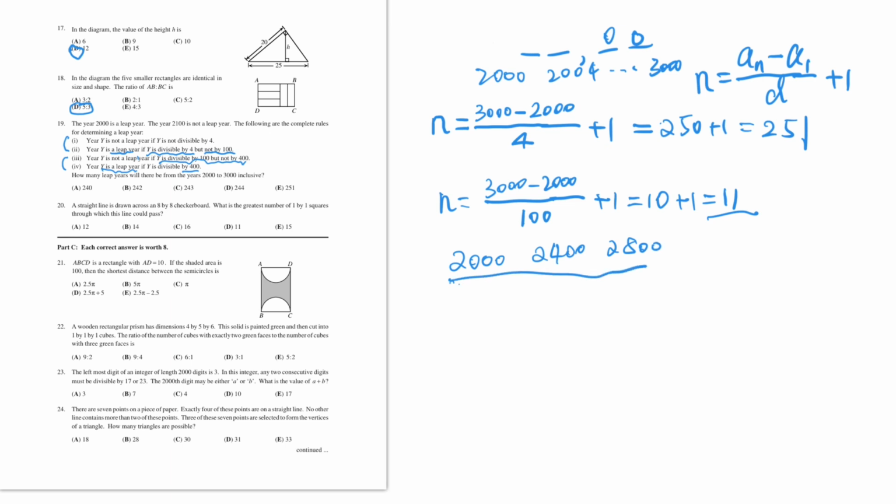That's just 3 numbers. These 3 numbers are leap years because they are divisible by 100 but also divisible by 400. Rule 4: year Y is a leap year if it's divisible by 400. So the total number is 251 minus 11 plus 3. That's 243. So the answer is C.